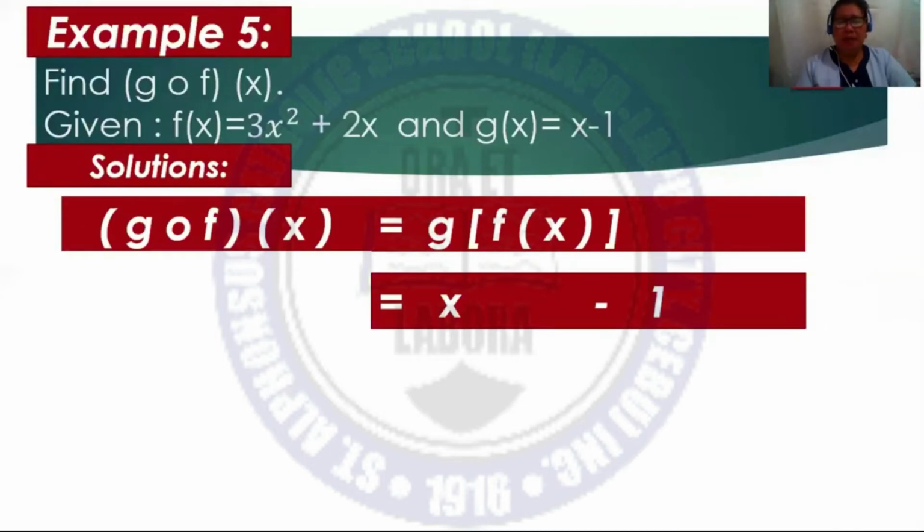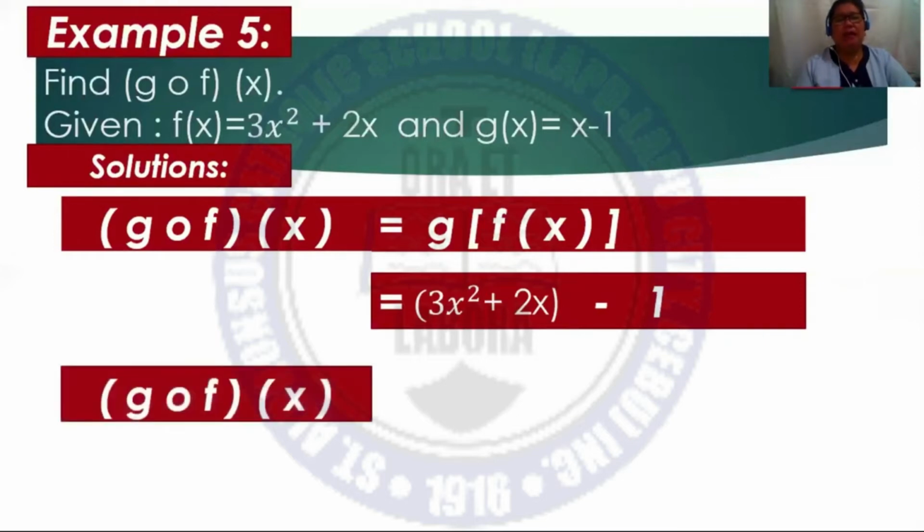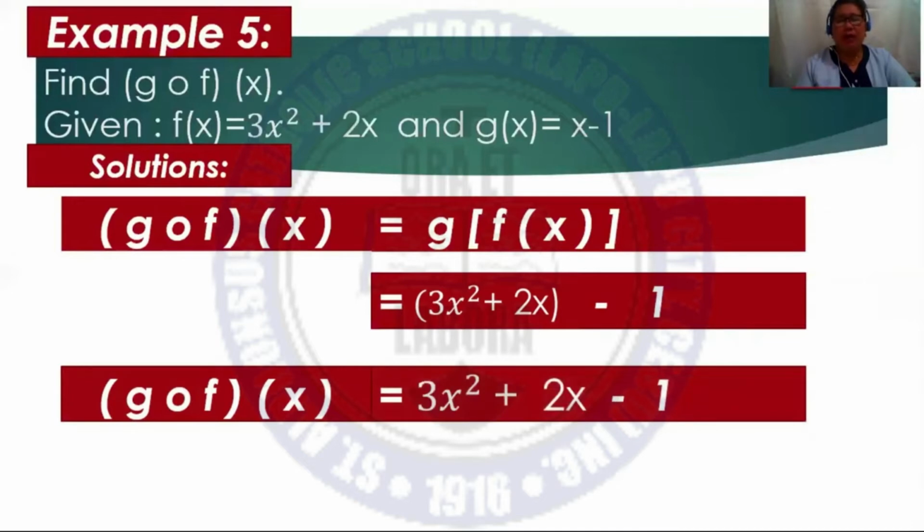So we simply replace x by 3x squared plus 2x minus 1. And then remove the parentheses. Then we will have g circle f of x is equal to 3x squared plus 2x minus 1.